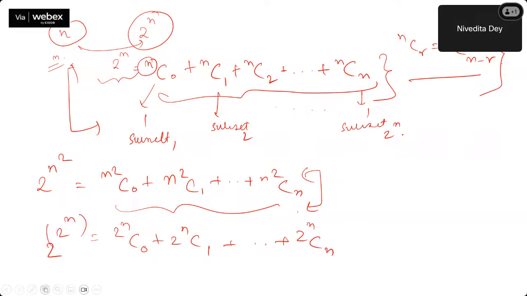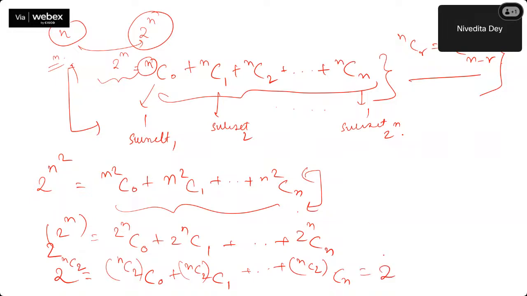Say nC2, then C0, nC2 C1, likewise nC2 Cn. This is all possible subsets of nC2, that is 2 to the power of nC2, so the formula is 2 to the power n into n minus 1 by 2.